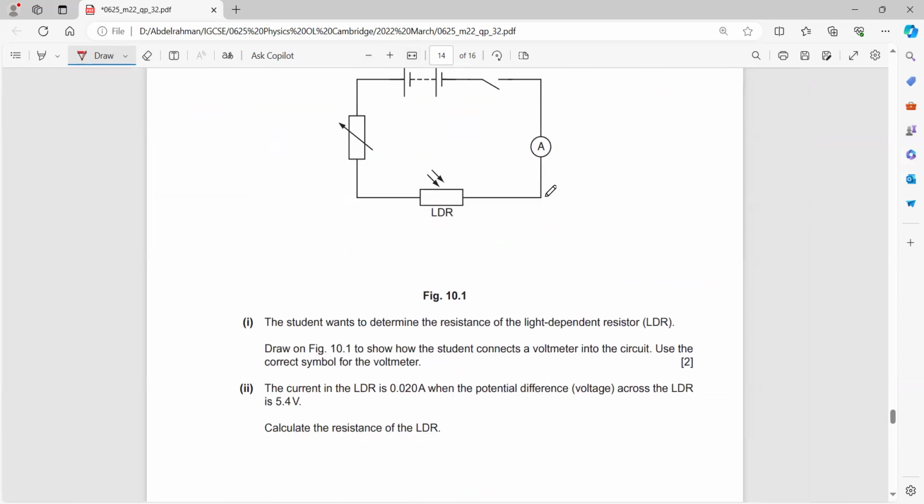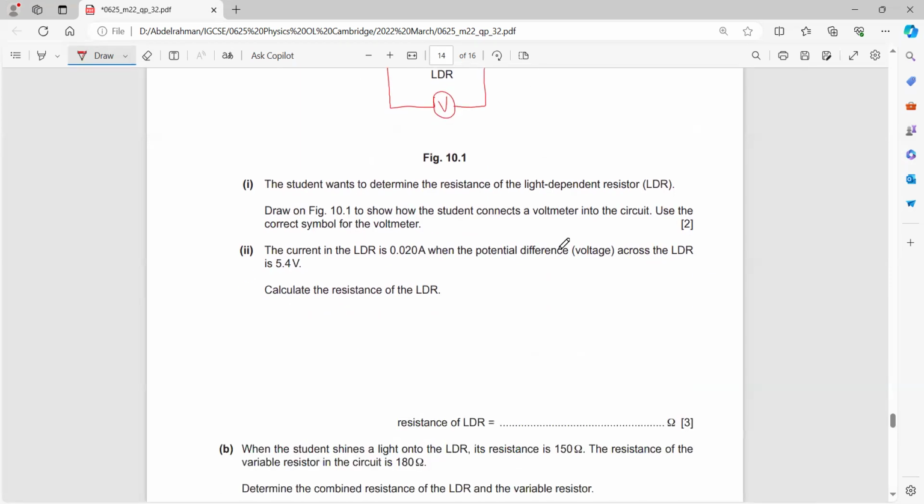Okay. Student wants to determine the resistance of the LDR. Draw on figure 10.1 to show how he will connect the voltmeter. Okay, this is quite easy. You can draw the voltmeter below or above the LDR. The current in the LDR is 0.02 amperes when the potential difference is 5.4 volts. Calculate the resistance.